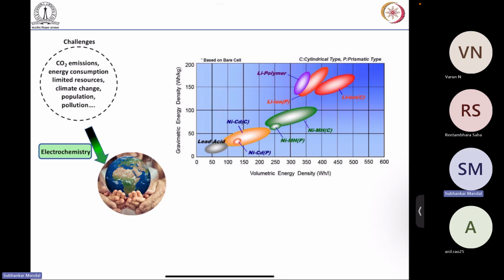But for that we need a high energy or high capacity battery. So here we have shown that earlier people used lead acid batteries, but you can see here the lithium ion battery has high gravimetric energy, and the volumetric energy density is also quite high. Okay, so this is the thing.